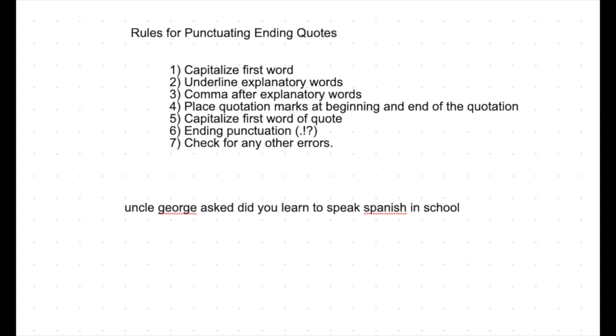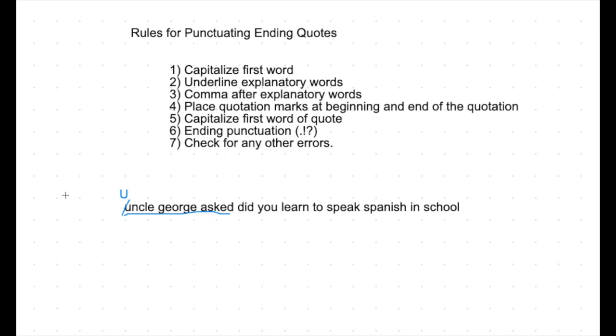Step 1 says capitalize the first word. So let's capitalize the U in uncle, because it's the first word of the sentence. I want that to be blue. All right, step 2, underline explanatory words. Uncle George asked. Those are our explanatory words.